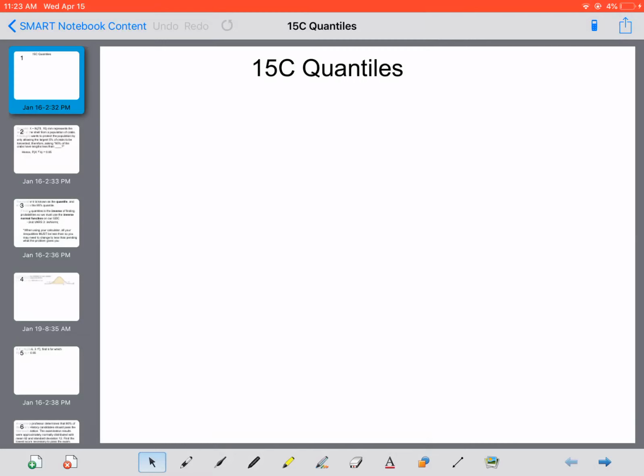So let's say that I told you that 95% of crab, the length of the legs of a crab, or the shell, 95% of them had a length of less than something, which means I don't know what that value is. I know the percentage, but I don't know what that number is going to be.